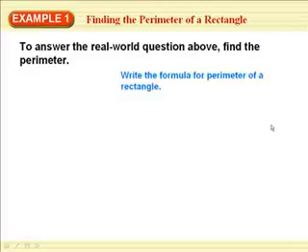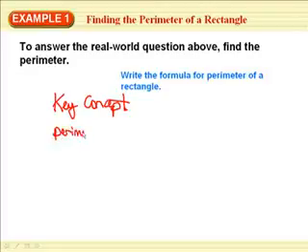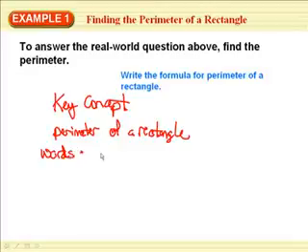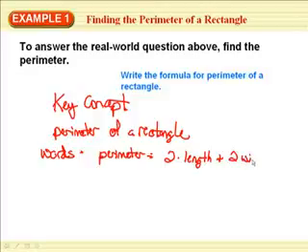And there is a formula, and actually let's talk about the key concept box that you need to be writing right now. Okay, so the key concept has you finding the perimeter of a rectangle, because you're writing these. Okay, so in words, the perimeter equals, there's 2 lengths, 2 times the length plus 2 times the width.